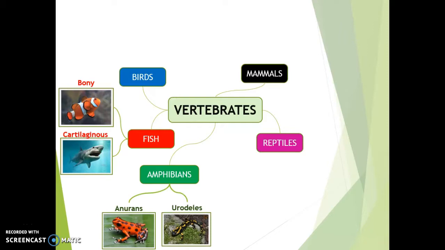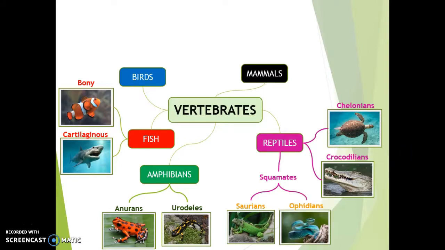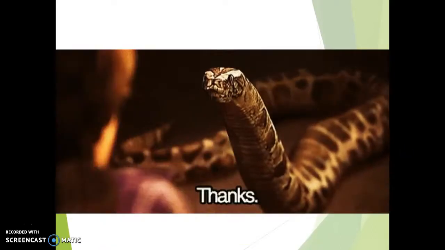Next we saw amphibians, two kinds: those with no tail called anurans, and those with tail called urodeles. And now we have reptiles, three main kinds: chelonians, turtles, tortoises; crocodilians, alligators, caimans, crocodiles; and squamates, which change their skin, divided in two groups, saurians with legs and ophidians with no legs.